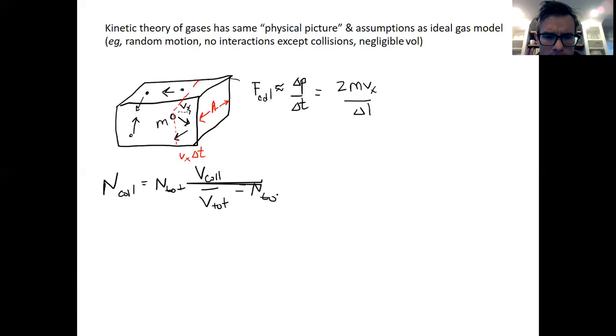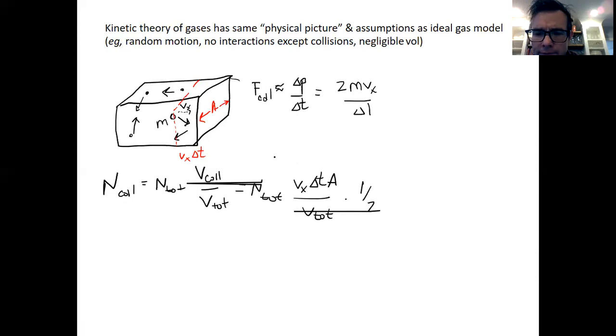Equals N total times this collision volume, Vx delta t, that's the length, times the area, volume time. And I need to do one last thing here, which is multiply this by a factor of 1/2.